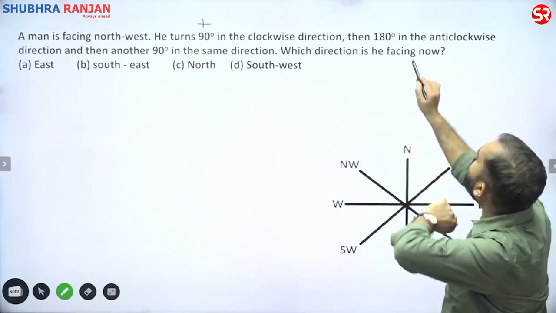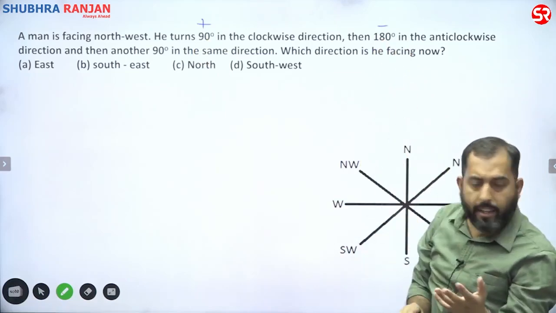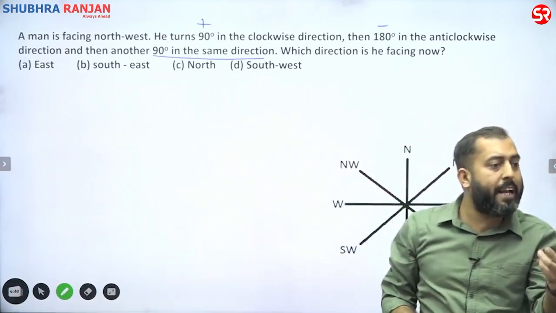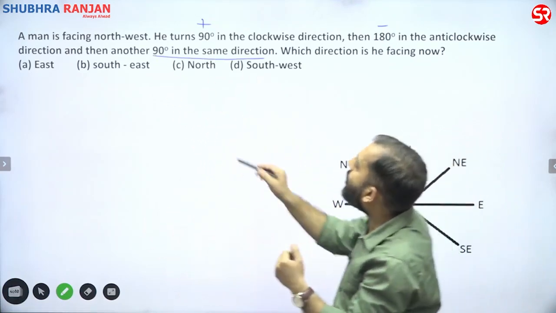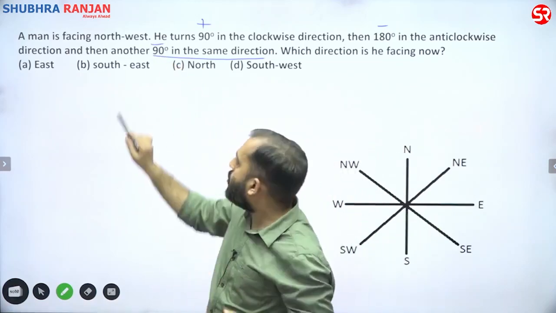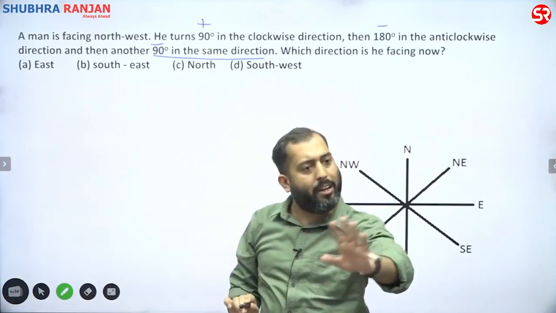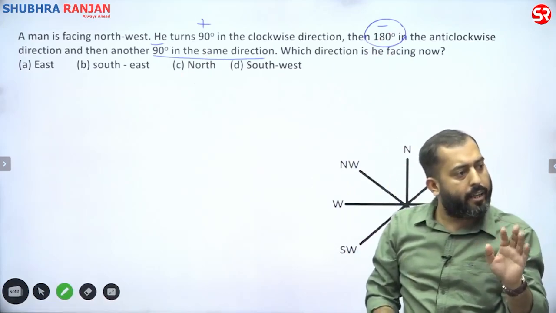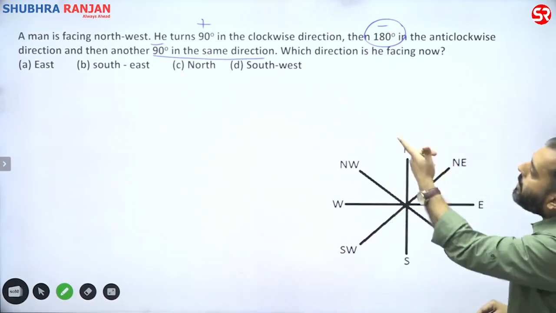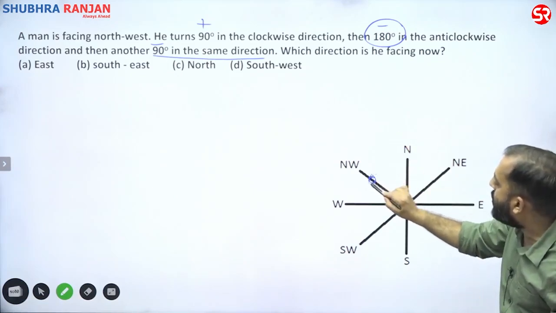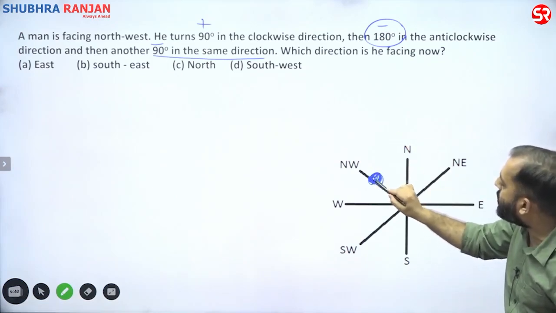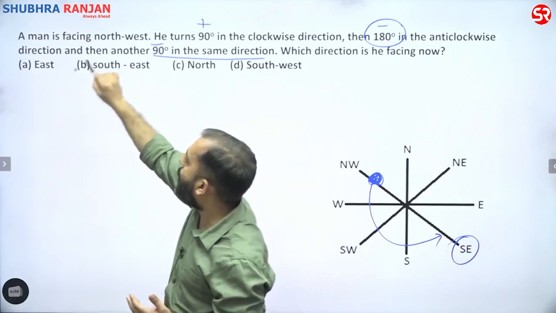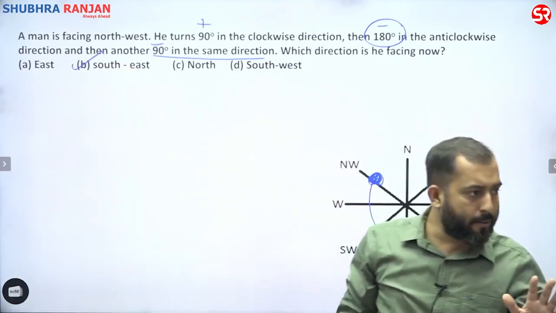Then 180-degree anti-clockwise, so negative 180. And finally 90-degree in the same direction, meaning anti-clockwise, so negative 90 again. This negative 90 and positive 90 will get cancelled out. His net movement is going to be 180-degree anti-clockwise. In the beginning he was facing northwest, so 180-degree anti-clockwise is going to be southeast. Answer has to be option B. Clear to everybody? Okay.